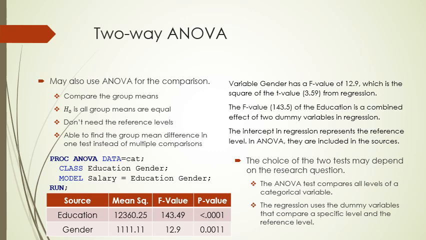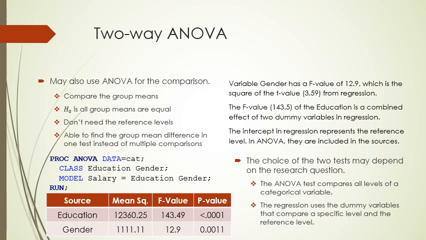Thus, the F value for the variable education, 143.5, is a combination of two dummy variables, undergraduate and graduate, in the regression model. Finally, there are no reference levels in ANOVA, while in regression the intercept represents the reference levels.